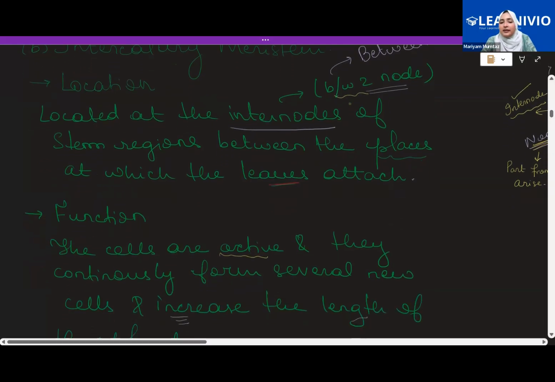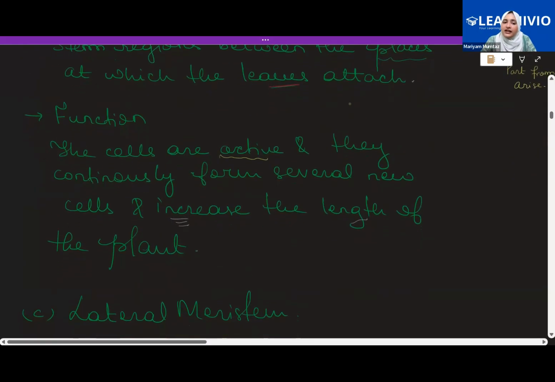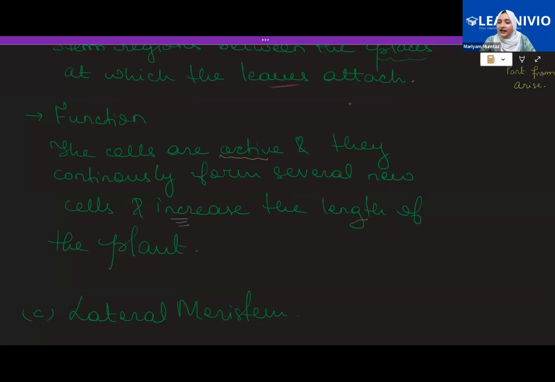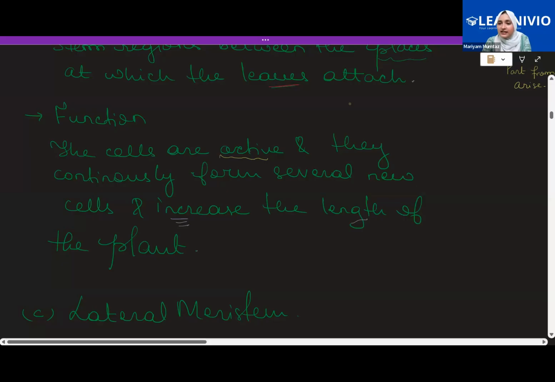Now, just like apical meristem, the cells of the intercalary meristem are also active and they are continuously dividing and dividing. And they are responsible for, again, increasing the length of the plant. So, apical meristem and intercalary meristem, these two meristems are very important as far as the height of the plant is concerned. Is it clear?